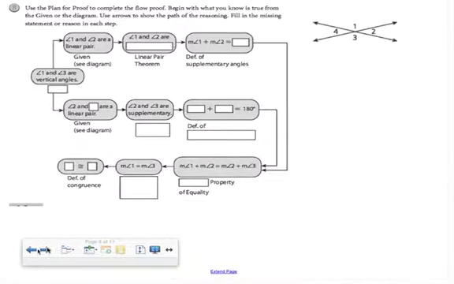Since I am trying to prove that if angles are vertical angles, then they're congruent, what I'm starting with is here. This is where I start. And since I'm trying to prove that those two angles are congruent, this will be where I end. Okay, so I'm starting by saying that angle 1 and angle 3 are vertical angles.